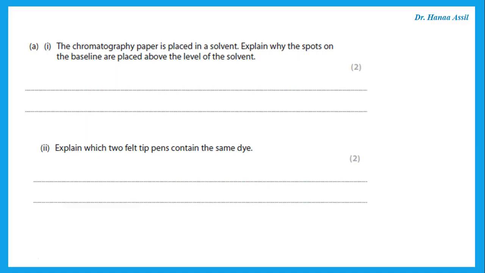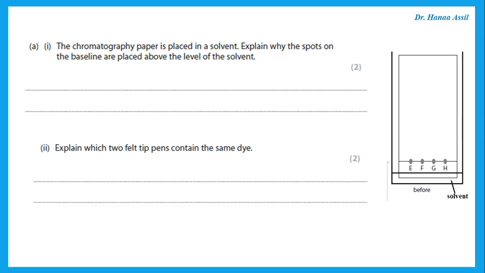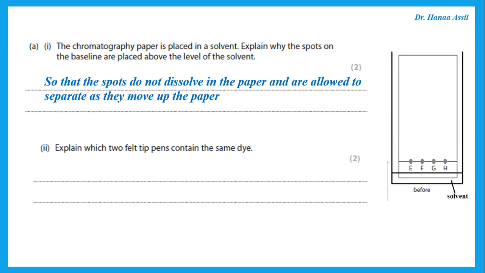Explain why the spots on the baseline are placed above the level of the solvent. So, when we put the paper into the beaker containing the solvent, the level of the solvent must be below the baseline. This is so that the spots do not dissolve in the solvent and are allowed to separate as they move up the paper.